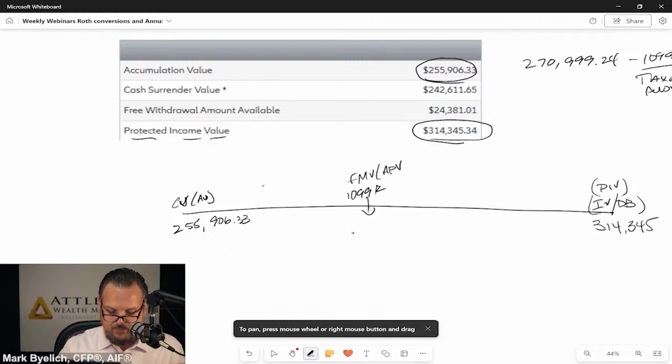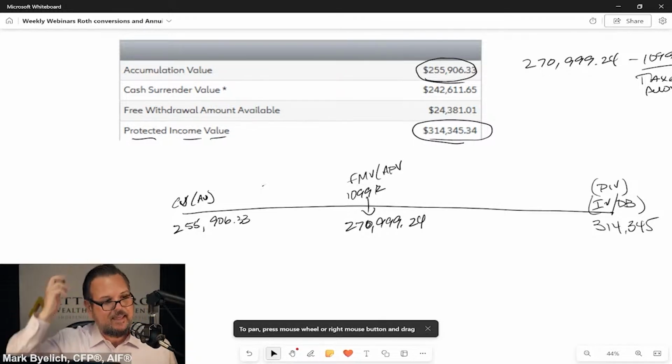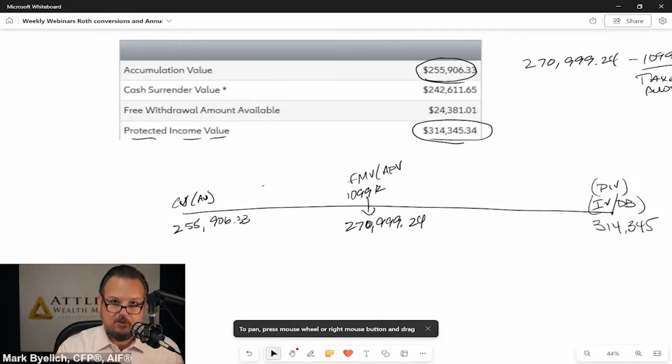That falls in at $270,999.24 in this case. So you'll see that the amount that you're taxed on the conversion isn't your current value or your account value or accumulation value. And it's not your future guaranteed value. It's somewhere in the middle and to the left of the middle.